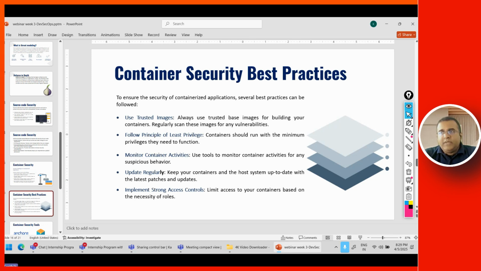Always use trusted images. Don't use default images that you don't trust. Always make sure the principle of least privilege is applied. Containers should run with the least privilege they need to run. One of the main advantages of using a container compared to a VM is that a container is lightweight. Why is it lightweight compared to a VM?